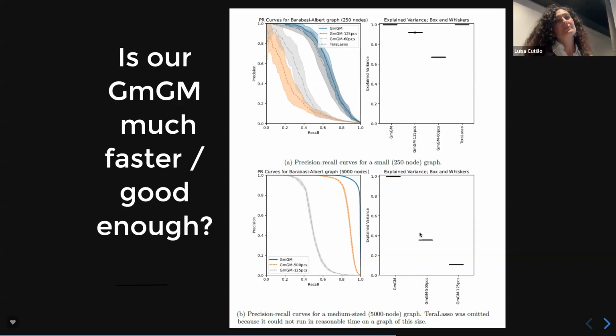So two things. To answer your question, yes, and I'll get into that in a second. But because we focus on non-paranormal skeptic, if you're looking at just pure correlation with Gaussian, then it's linear.